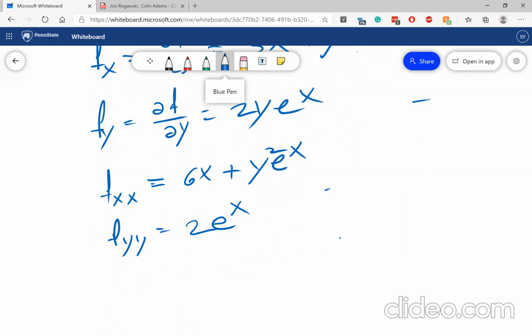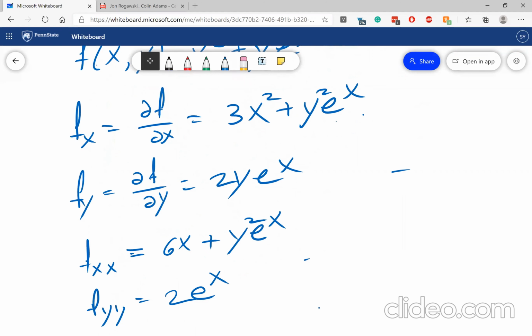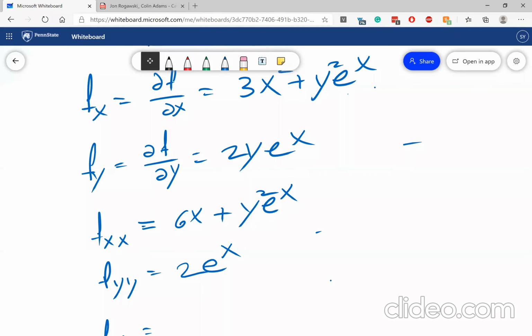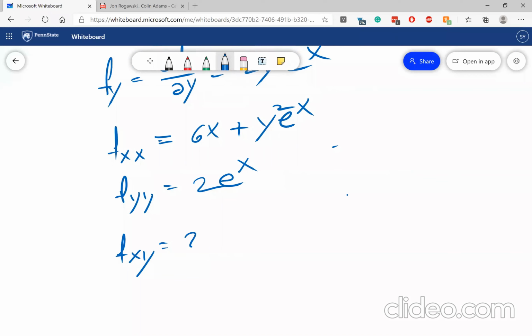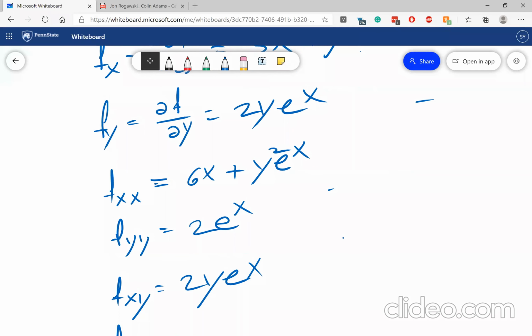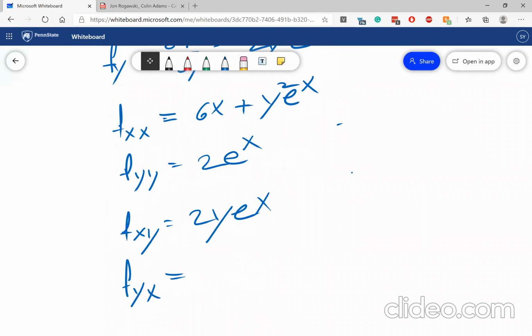Then the partial of x with respect to y, now that's going to be, so now I'm taking, so this is 0, and that would be 2y e to the x. And the partial of y with respect to x, now I'm going to this equation, and I'm taking the derivative with respect to x, which would just be 2y e to the x, same thing.